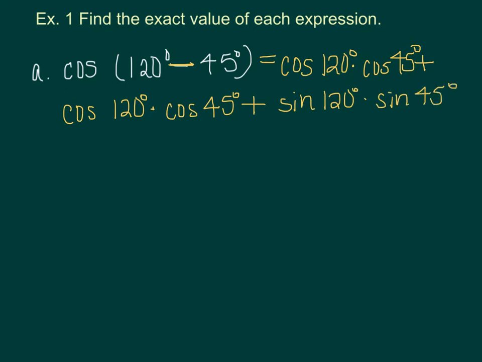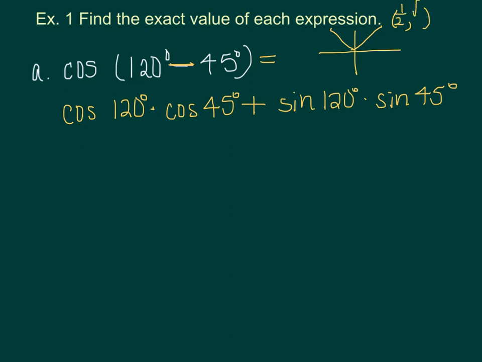And from here, you're going back to your values from your unit circle. So if you did the left-hand trick, you use the left-hand trick. Or if you know the unit circle. So I'm going to start off with cosine of 120. And so if you remember, 120 is the same as 60 degrees. And that ordered pair is 1/2 and square root of 3/2.